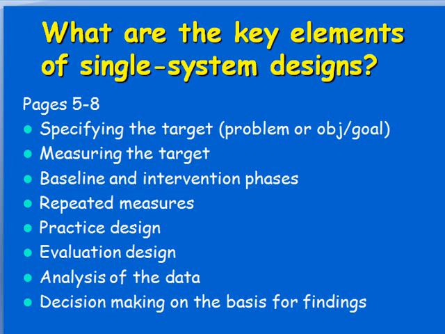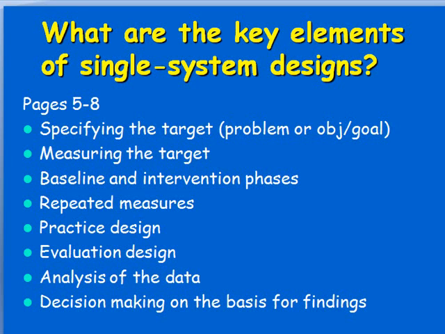We want to get information from the client's relevant or significant others. We want to get information from the clinician. What does the clinician see? And in some cases, we may want to get information from independent professionals.